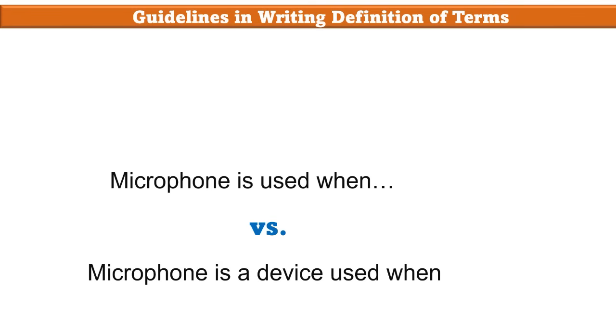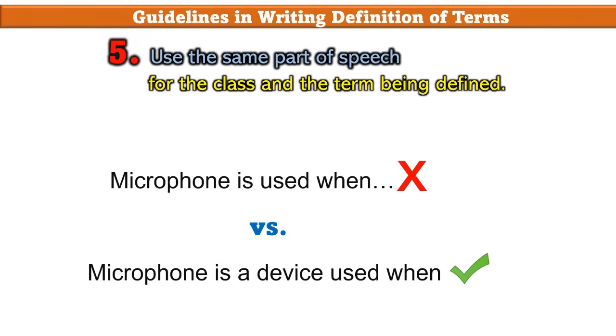Microphone is used when versus microphone is a device used when. The first one is wrong and the second is correct. This time, the guideline is use the same part of speech for the class and the term being defined. Dun sa first example, ang term ay microphone, which is a noun.